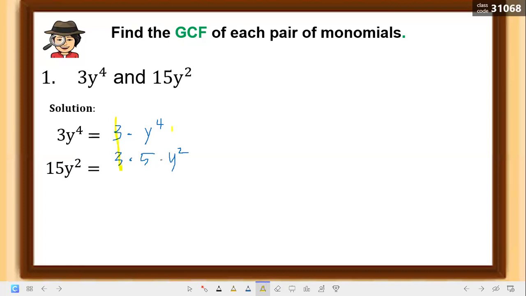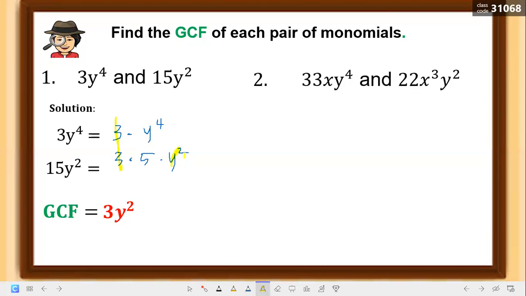So common, tapos yung y raised to 4. Y raised to 4 or y raised to 2? Y squared po, kasi least. So meaning to say, yung y raised to 2, kasama po siya. Therefore, that is now the GCF, 3y squared.